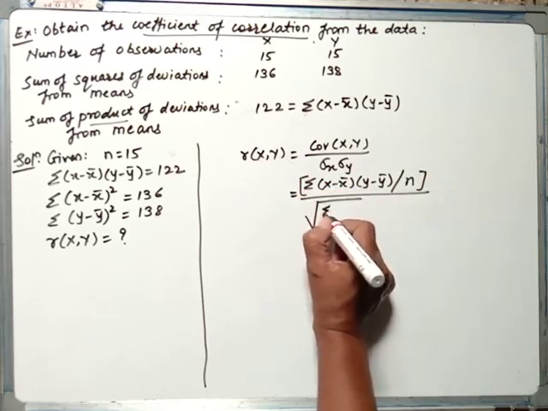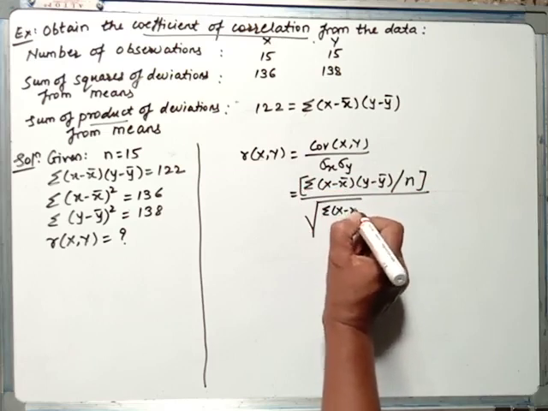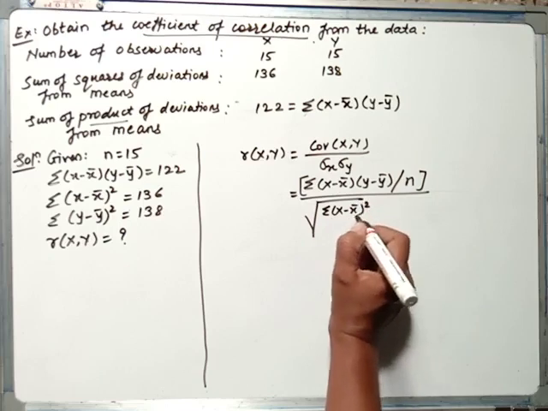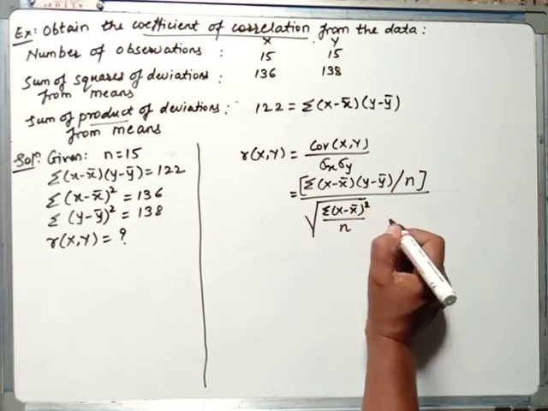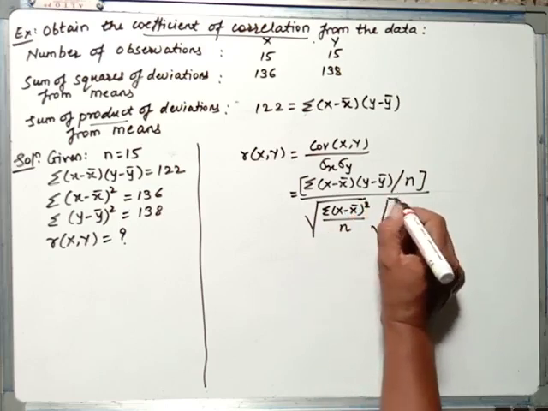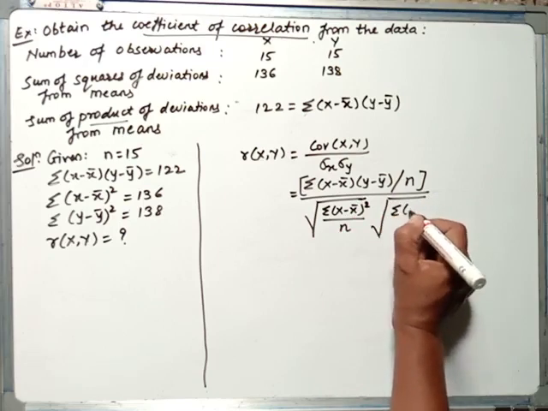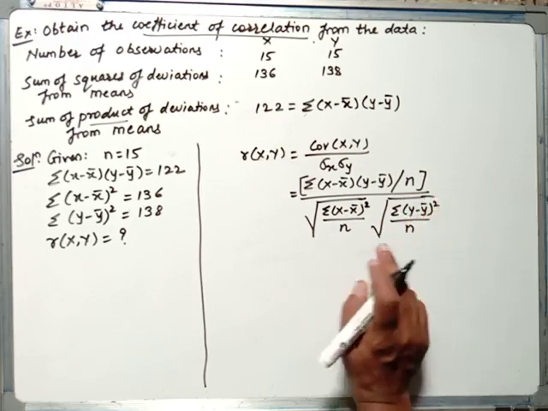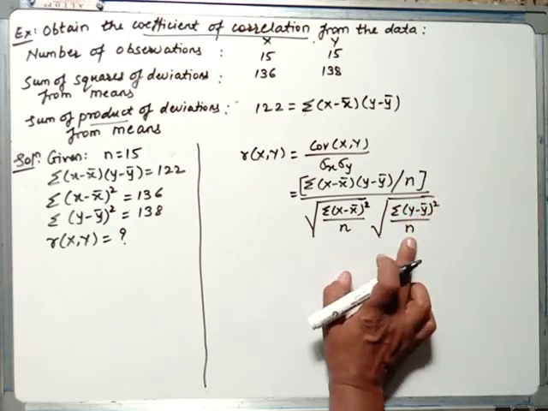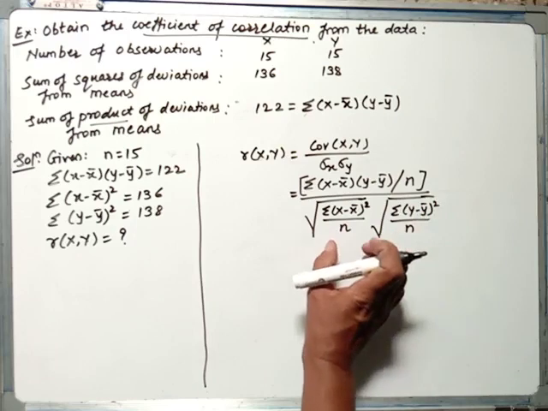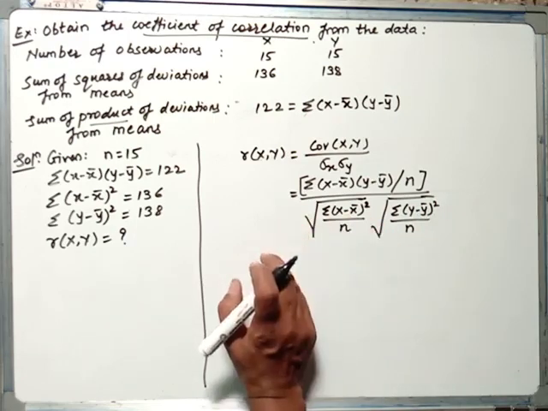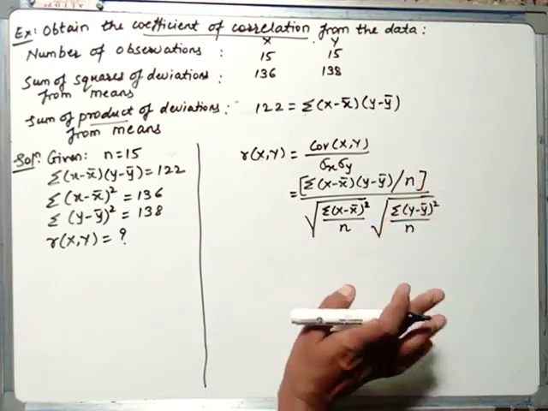This is the positive square root of the arithmetic mean of the sum of squares of deviation from their mean, upon n, is this. And here square root summation y minus y bar square upon n. Now here it is in a square root, here also it is in a square root. So if we take a product, it will become n square in a square root. N square will become n outside the square root. So that n and this n get cancelled.